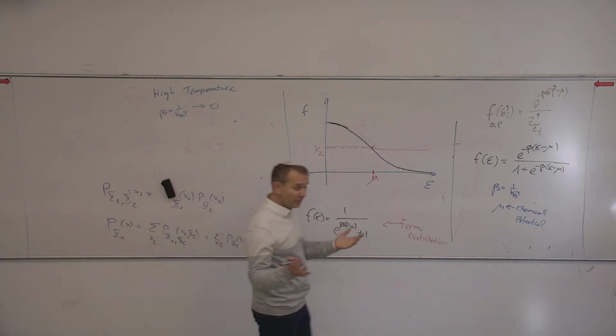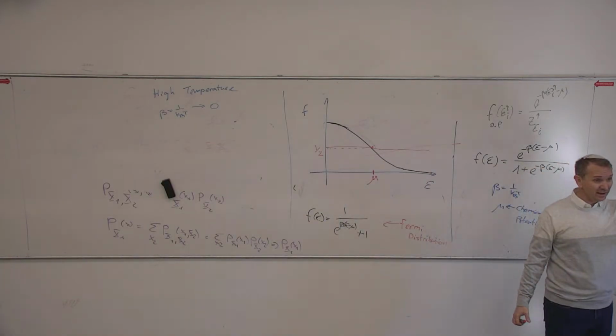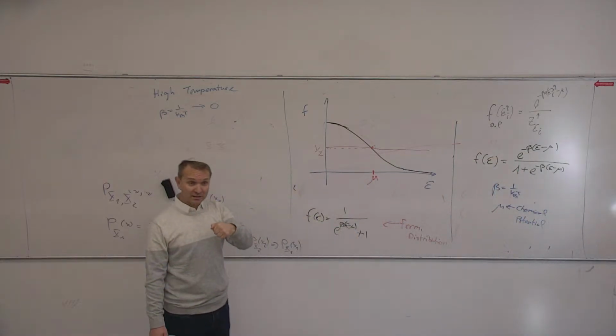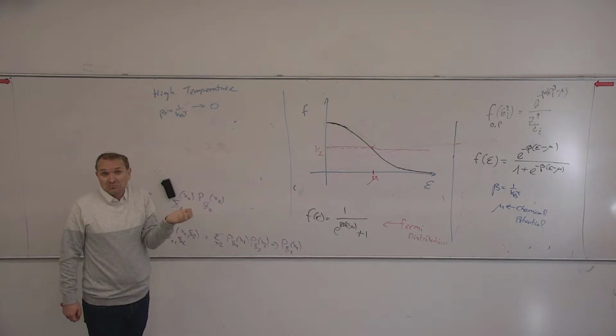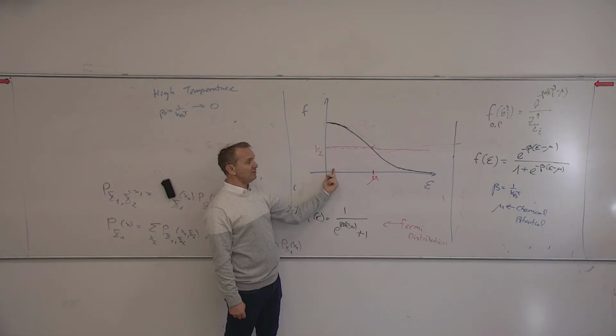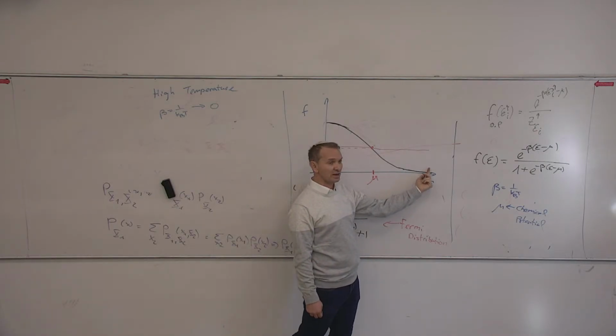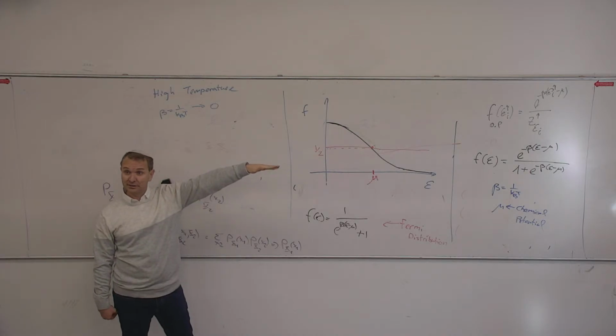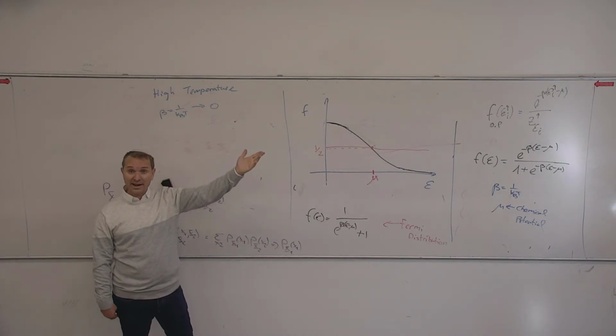So what do we know? When the temperature is extremely high, the value of the energy of my given state is irrelevant. My energy can be very low, or it can be very high. The occupation probability is always almost 1/2. Now, why does this happen?